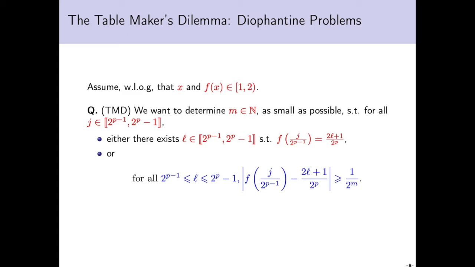It depends on the format of floating point numbers that you use, but not on the point that you will evaluate. That's the meaning of uniform. So you choose a function and a precision p format, and then you should have an m that guarantees that you have either this or this.